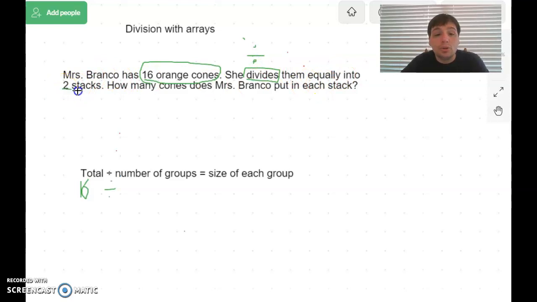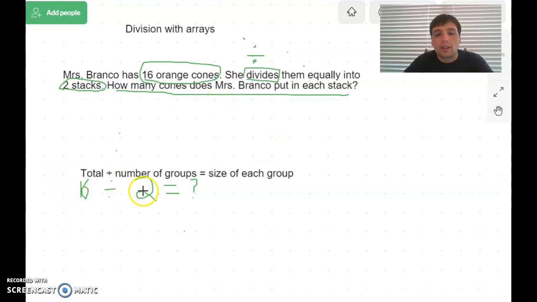Equally into 2 stacks. That's my number of groups. How many cones does Mrs. Branco put in each stack? So we're looking for the size of each group. Let's make my equal sign a little better and my question mark a little better. There we go.